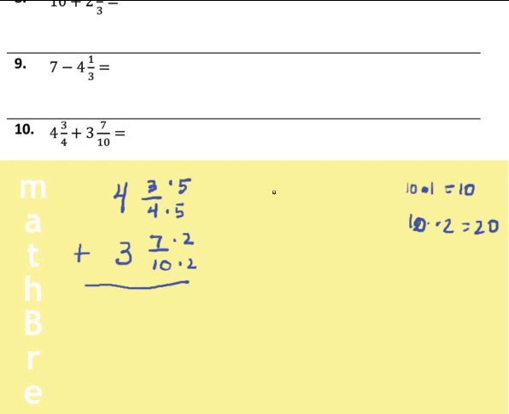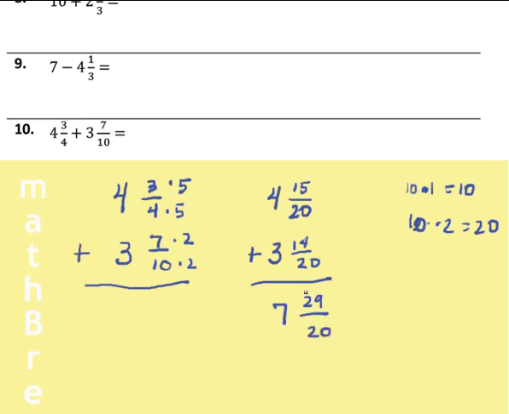All right, so let's rewrite. So we have 4 and 15 over 20 plus 3 and 14 over 20. Let's add the 15 and the 14, so we have 29 over 20. And here we have 7.